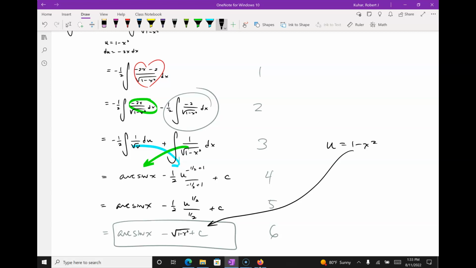Yeah, 3 to 4. So 3, I did this integral first because I know it. And then this one, it's the minus 1/2 is there. 1 over square root of u is u to the minus 1/2. But I'm adding 1 to the exponent and dividing by the new exponent.